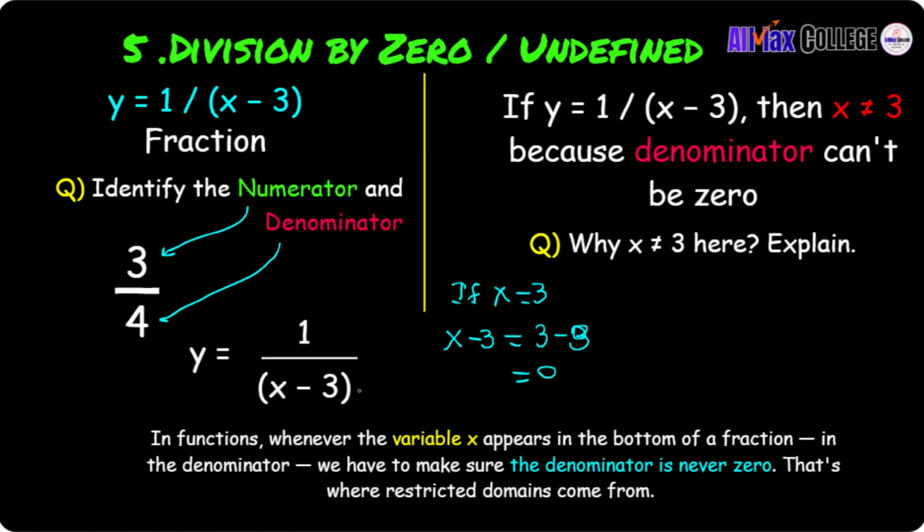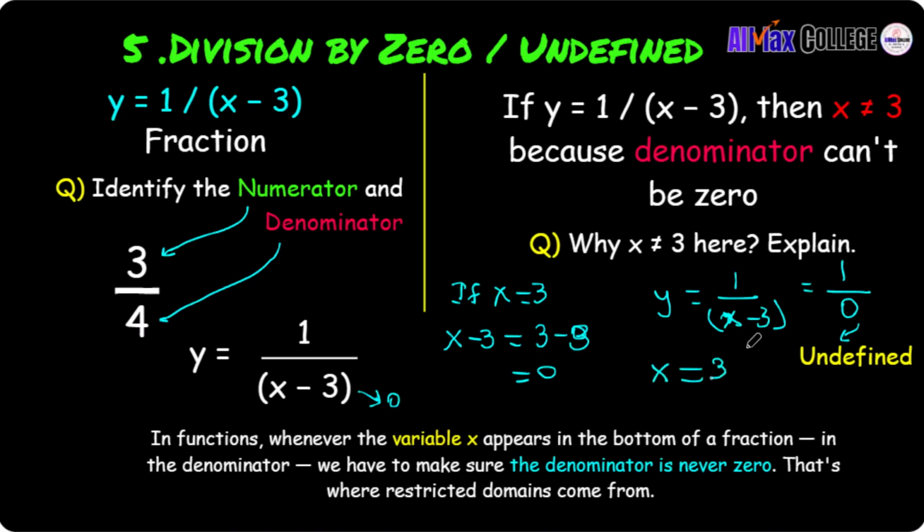So x minus 3 is 0, and the equation becomes 1 over 0. This is what we said is undefined. So x cannot be 3.